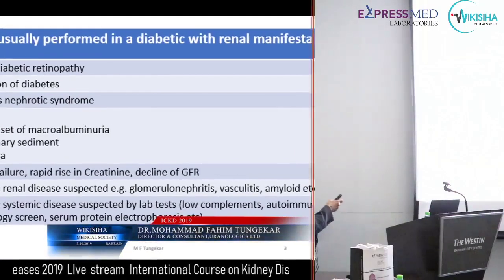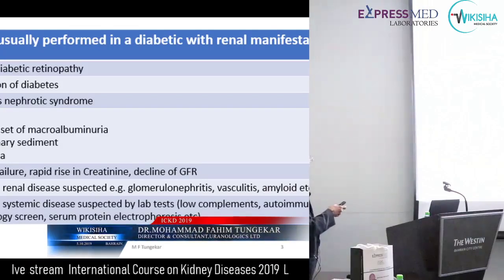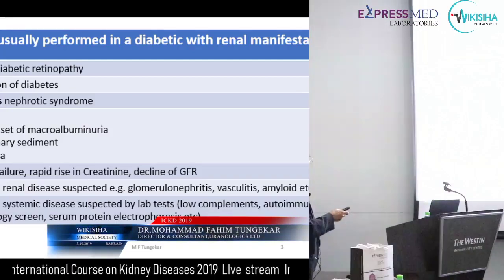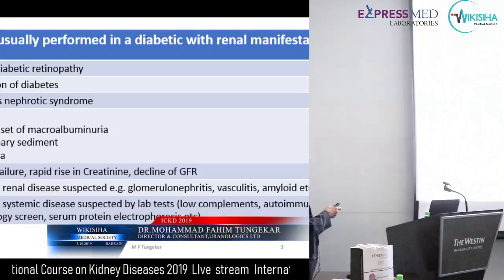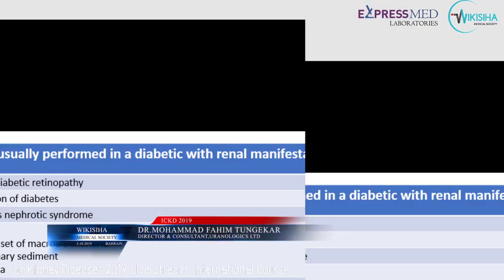In general, if diabetic retinopathy is absent, biopsy may not be performed. If diabetes is of short duration, or diabetes presenting as a nephrotic syndrome, then the clinician may wonder whether the proteinuria is due to diabetes or due to something else, and may do a biopsy.